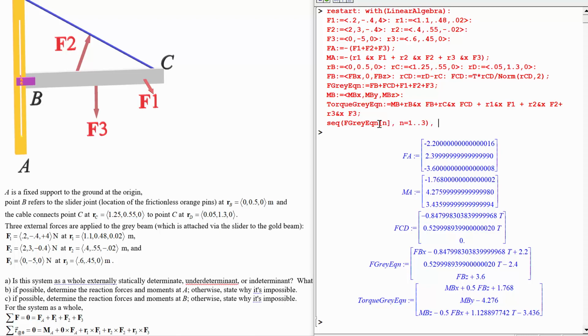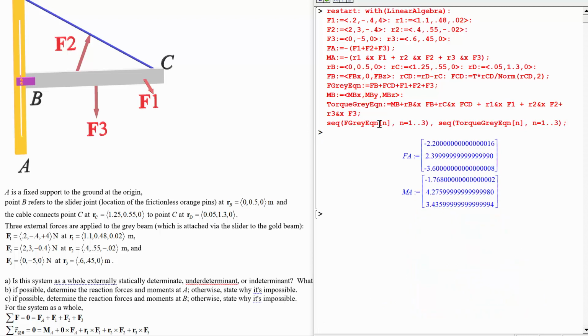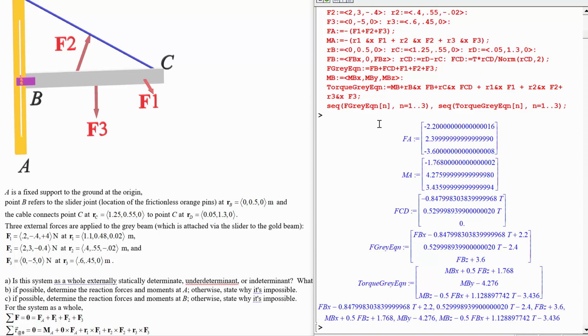Then we'll comma that with the torque equation, sequence torque gray equation n, n is 1 to 3. Okay, so this should be all of those equations, each separated by a comma.